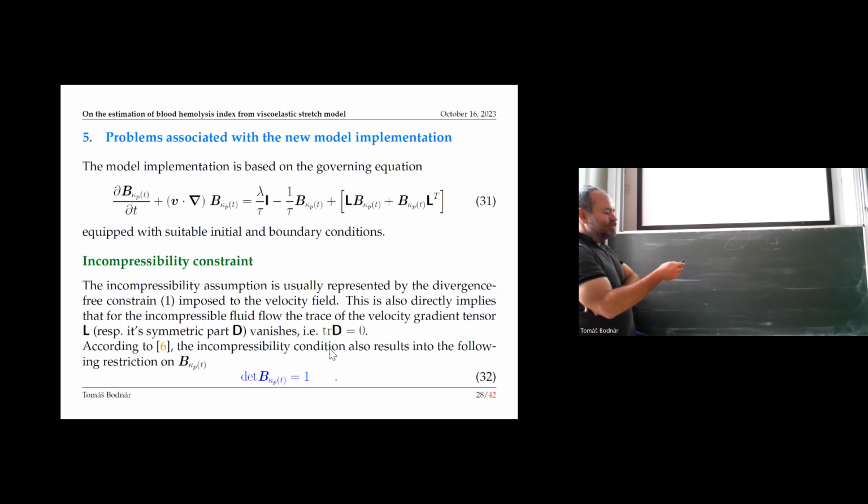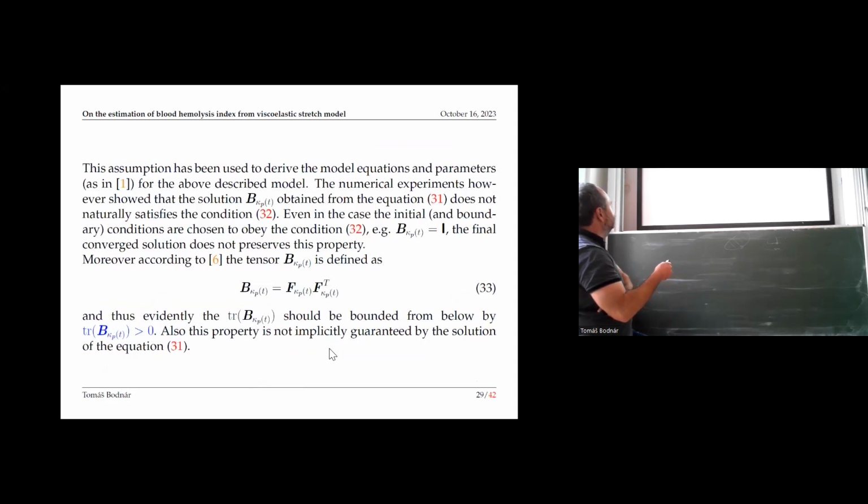But I was solving it by finite volume method and artificial compressibility method. And you know, the artificial compressibility means that you do not satisfy exactly the divergence-free condition all the time, just in the final limit. It was causing a lot of troubles, leading to the fact that the determinant of this tensor wasn't equal to 1. So it was not preserved during the simulation, and already this led to troubles.